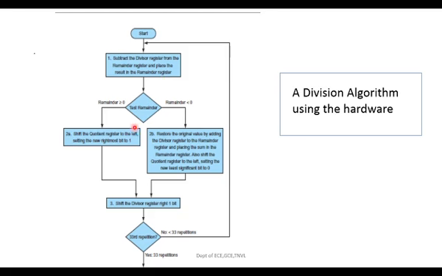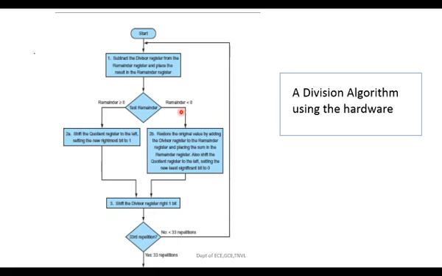And next comes the decision part. It tests the remainder, whether it is greater than or equal to 0 or less than 0. What is the need of this portion? It needs to check whether the intermediate result is greater than the divisor or less than the divisor, that is, whether it is positive or negative.